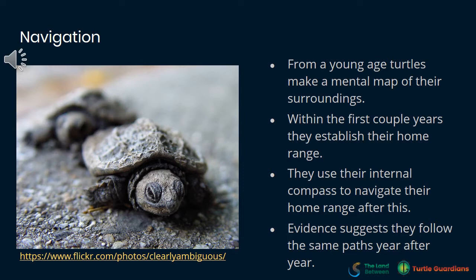Or there's also research that suggests that turtles either have a chemical in their brain called magnetite that essentially turns them into a magnet and allows them to be able to sense where north is, just like an actual compass.